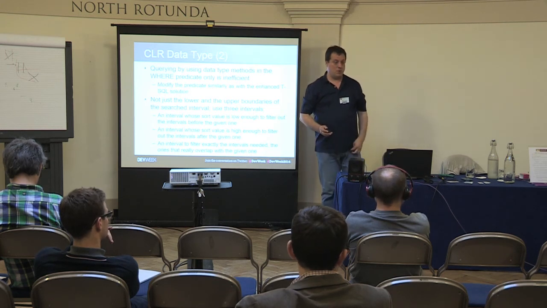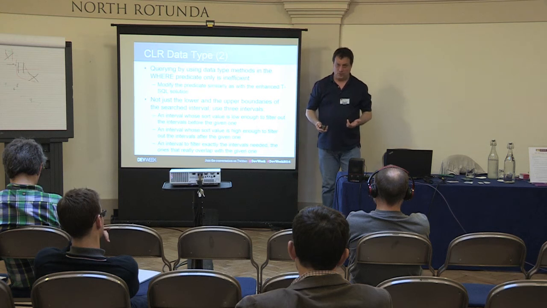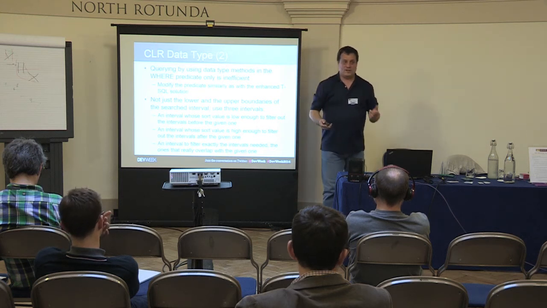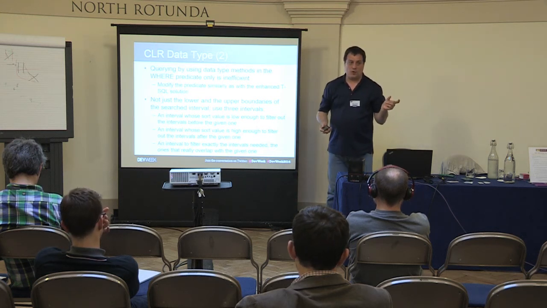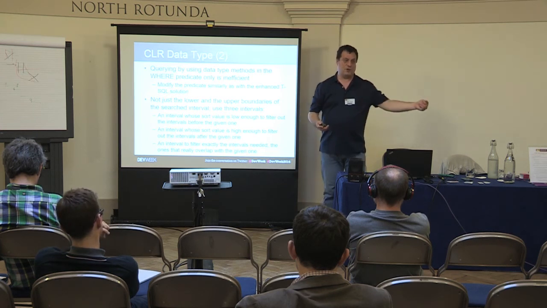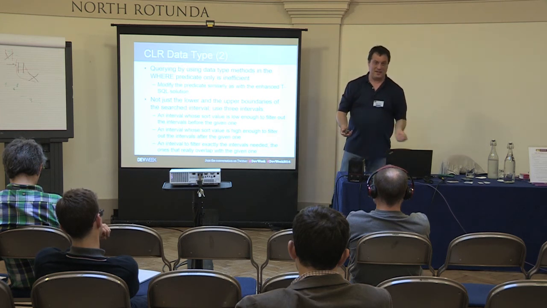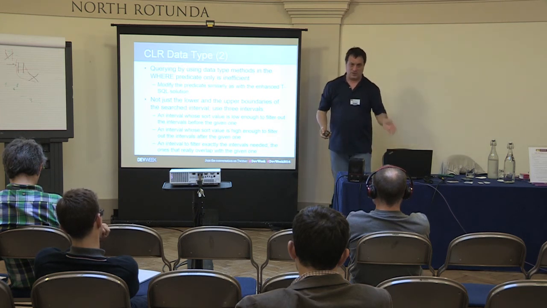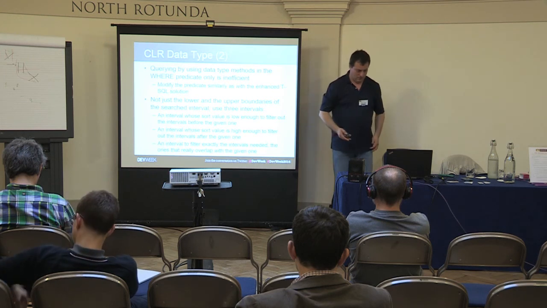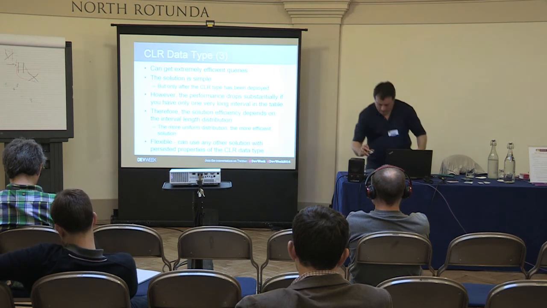And I get false positives, so I still need to check with the overlaps operator. The solution will be slightly more complex because I must go not just an integer to the left, I must go an interval to the left, because I'm indexing the whole interval, not just begin or end. Okay? So, let's see this.